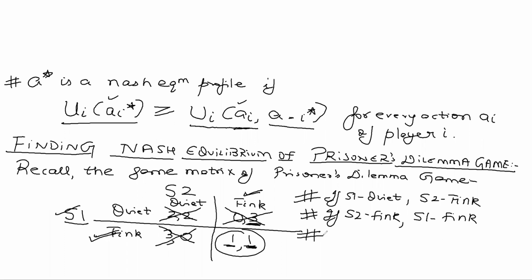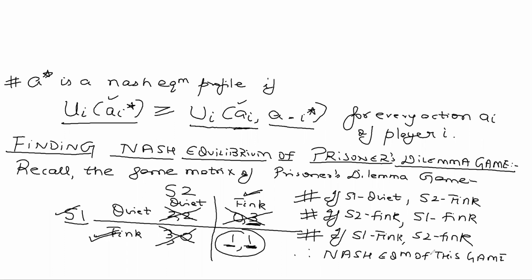So I can say that if suspect 1 thinks, suspect 2 will again think. Therefore, the Nash equilibrium of this game is for both the players to think.